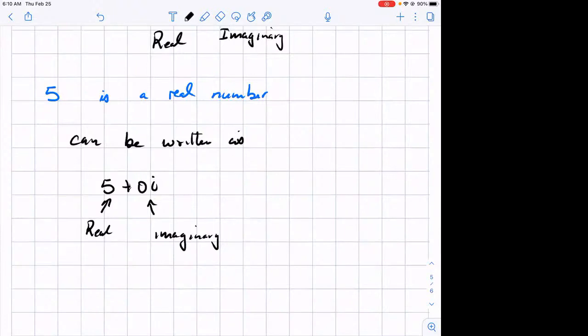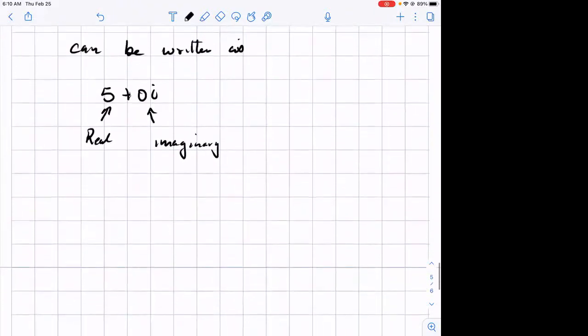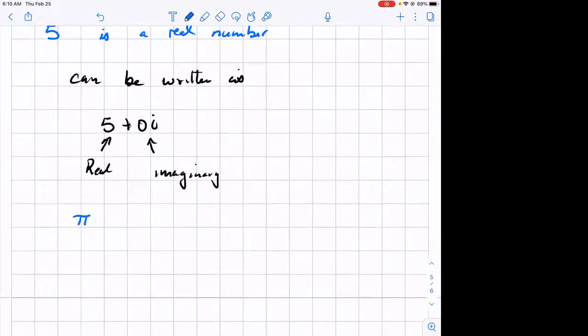And this happens for any real number. We can do the same for even pi. Pi is an irrational number, but it's a real number, real and irrational.